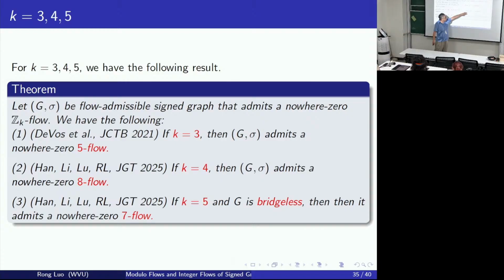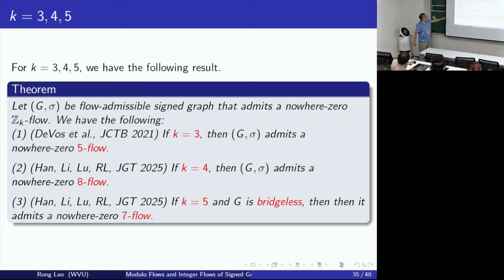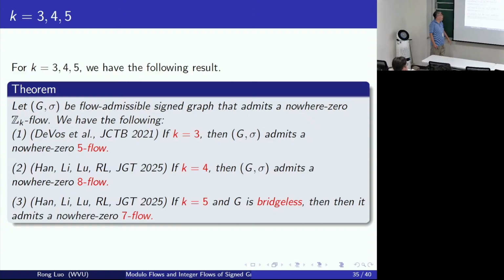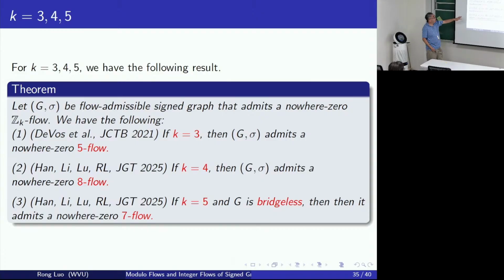Z2 flow implies 4 flow, and Z6 flow implies integer 11 flow. We already have the 11-flow theorem. So the only remaining case is k equal to 4. We were stuck with this for probably 3 or 4 years. Then when we looked at the flow theorem, motivated by those ideas, we modified that idea to get through this case.